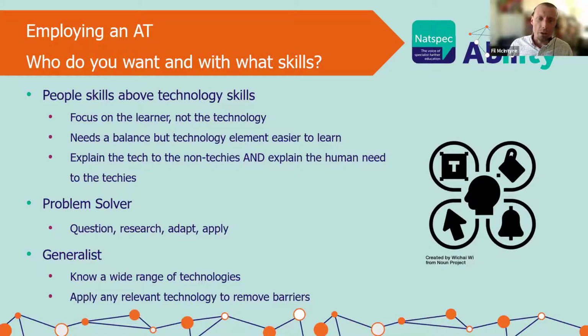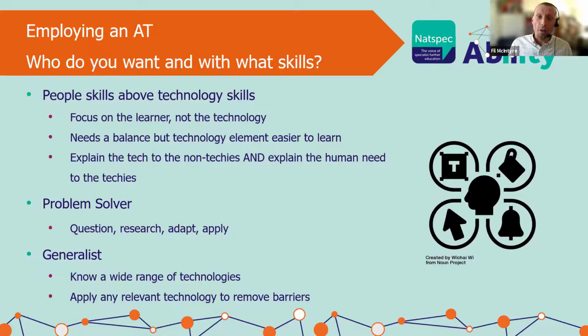They need to be able to look at need, not just the latest technology and the things which are really fancy and currently available. And it needs a balance between these two things, and that's the tricky thing for an assistive technologist, I think. They need to know the technology, but they primarily need to be able to focus on the learner. And I'd use this phrase: they need to be able to explain the tech to non-techies.